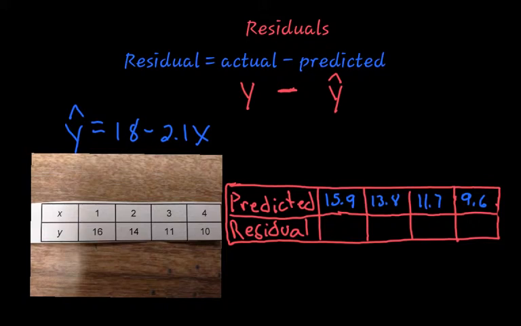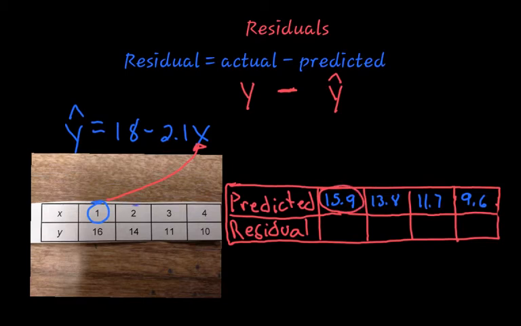Notice the first predicted value is 15.9. All I did was take the first x value right here and substitute it into the x. I used the calculator, simplified, and got 15.9.